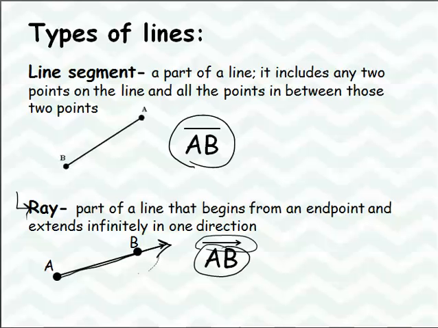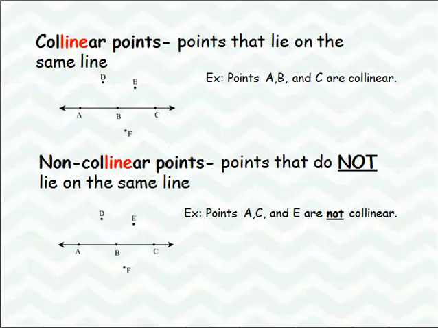Moving on. Now we have some other terms we need to talk about here. We have collinear points, and if you look, we have line in the word. Collinear means that they lie on the same line. So if we were to ask you in line AB or line AC, however you want to call it, which points are collinear?